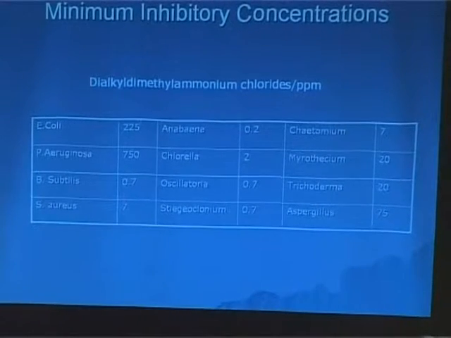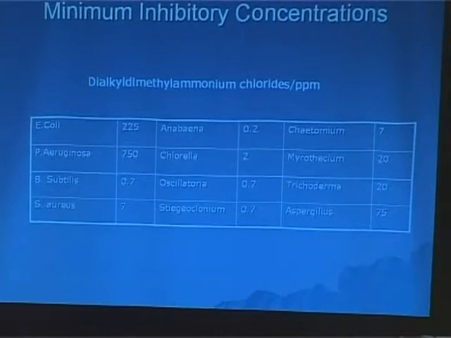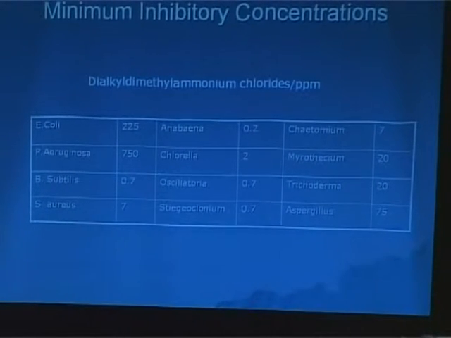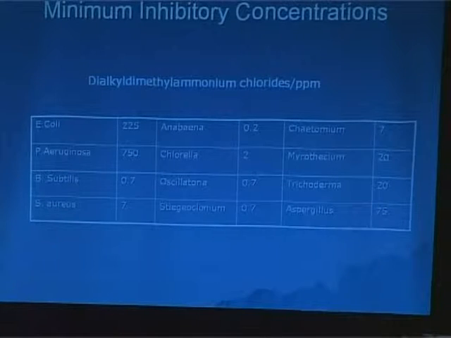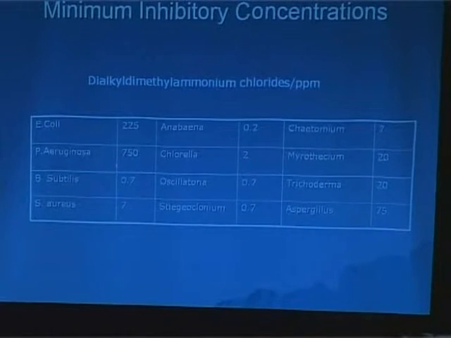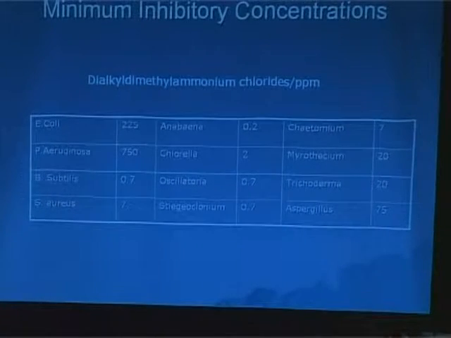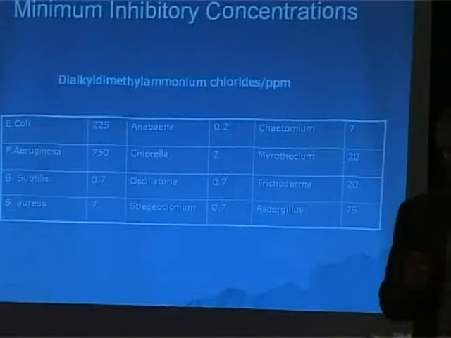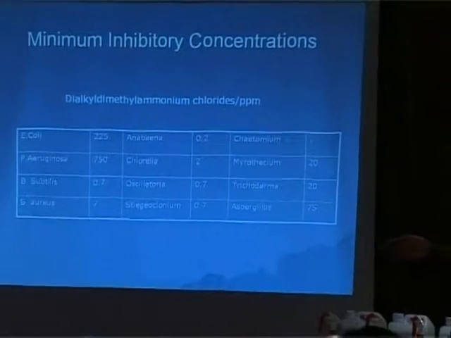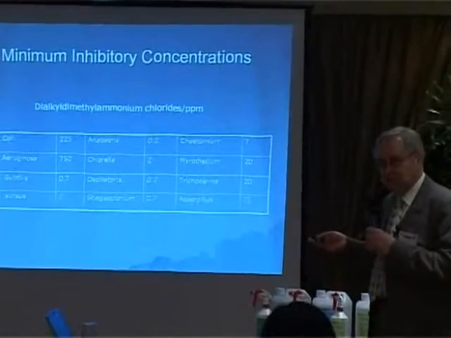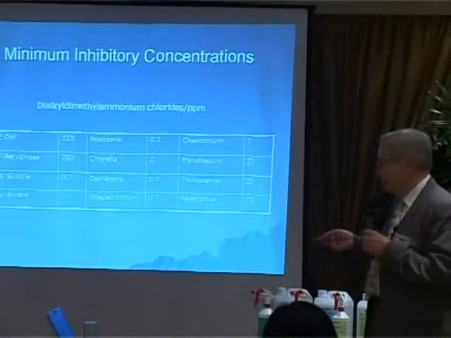Okay, there's quite a variation here, but for Bacillus subtilis, that's fairly respectable in terms of its antibacterial action. With Pseudomonas, not quite so good, but nevertheless, given time, you can knock the Pseudomonas out, as we proved. In fact, we deliberately targeted Pseudomonas in a lot of our tests because it was the worst case situation.